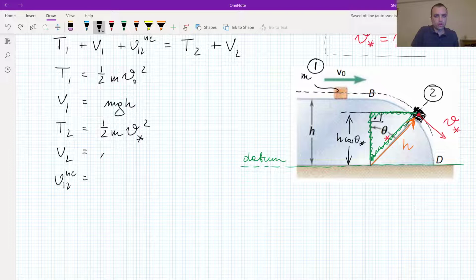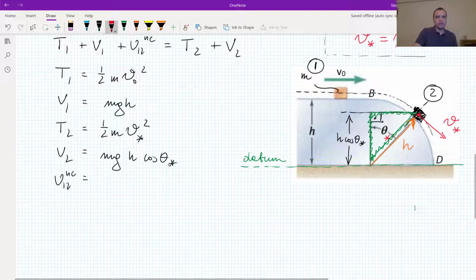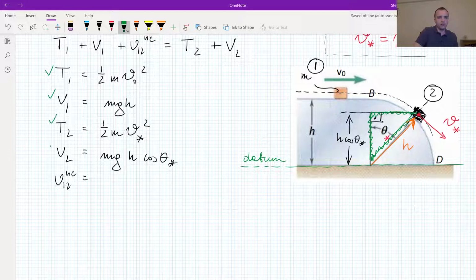So this potential energy will be mgh cosine theta star. Okay, great. We have 80% of the problem done because we found T1, V1, T2, and V2.